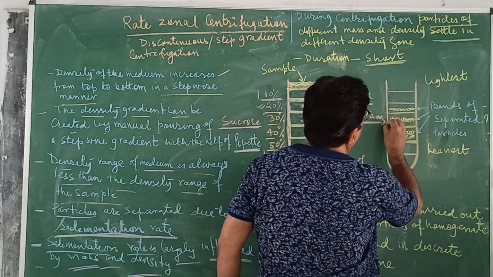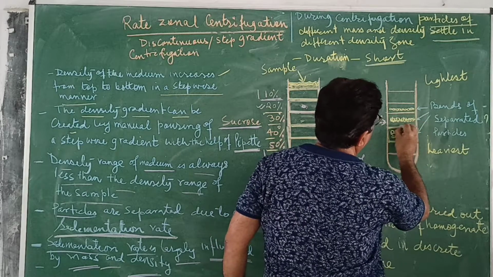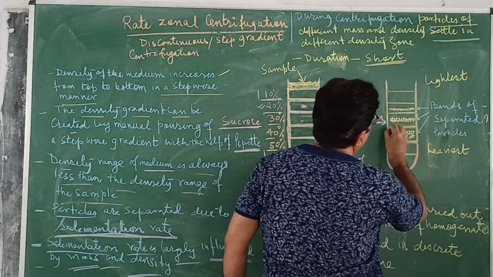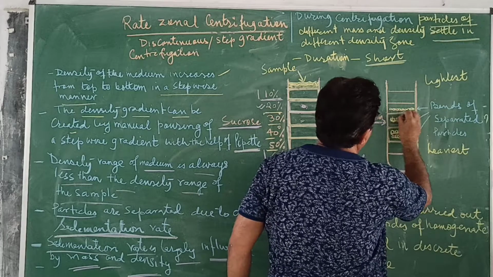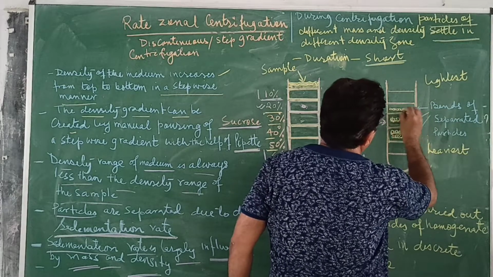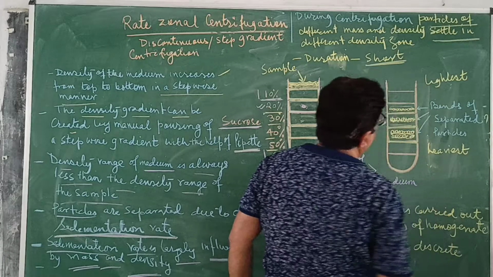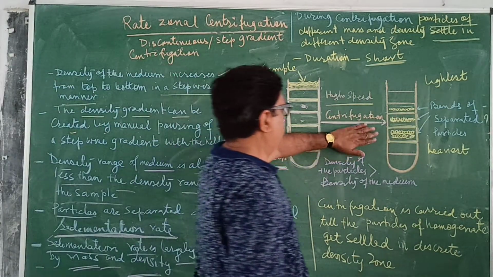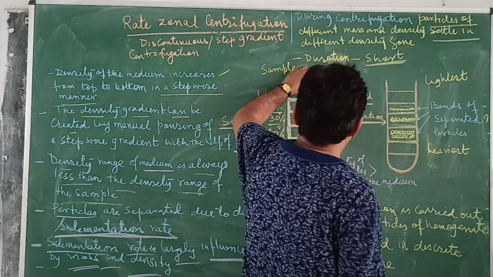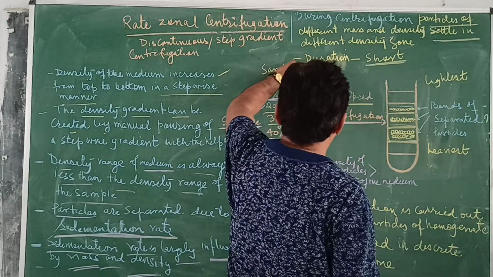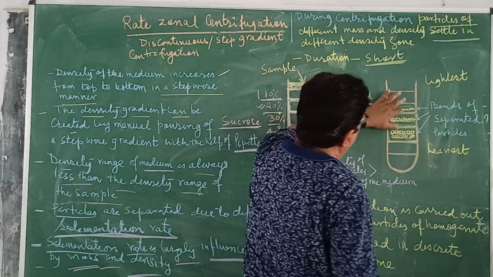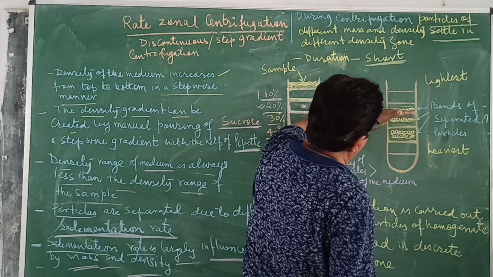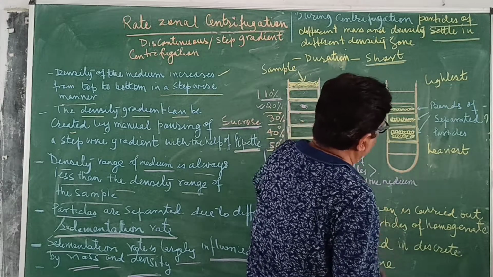The intermediate particle of intermediate mass and size will settle in this zone, and the lightest particle will settle in this zone. As centrifugation takes place, the particles present in the sample will form discrete bands in different zones.